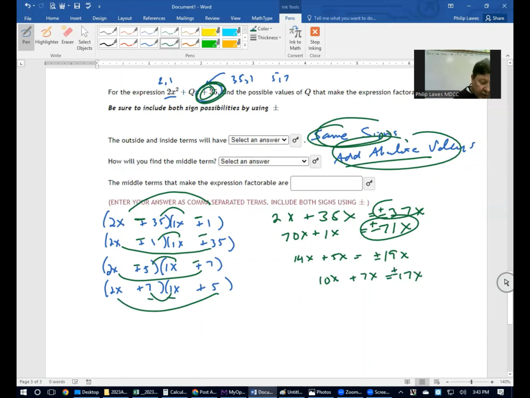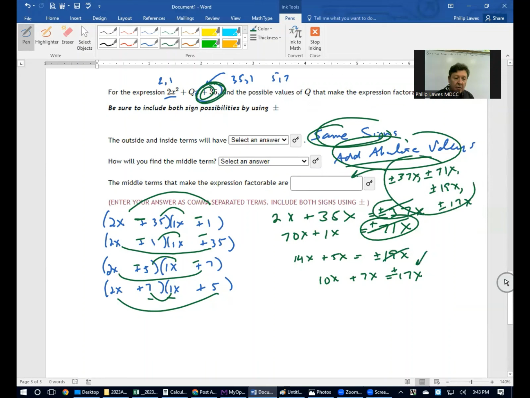So the answers here are going to be plus or minus 37x, plus or minus 71x, plus or minus 19x, plus or minus 17x. And that's what's going to go in that little box right there.